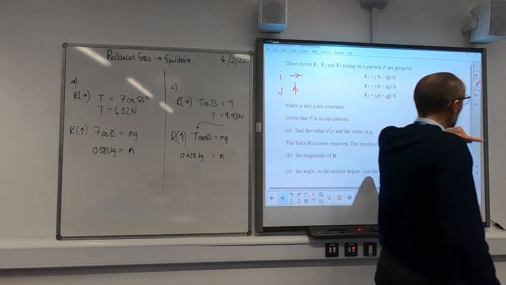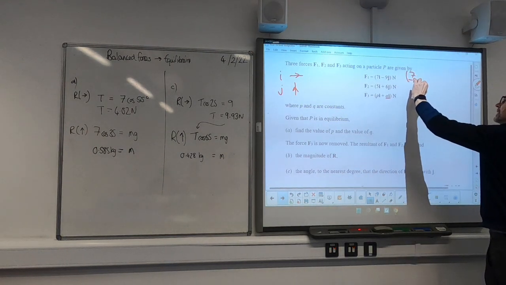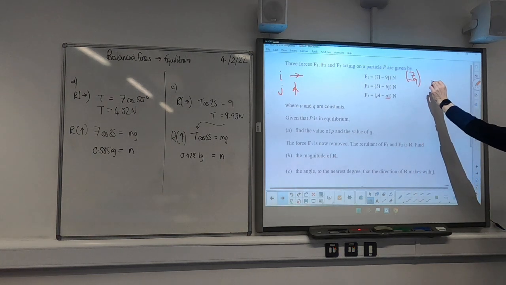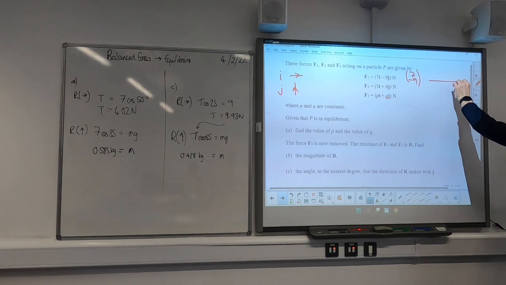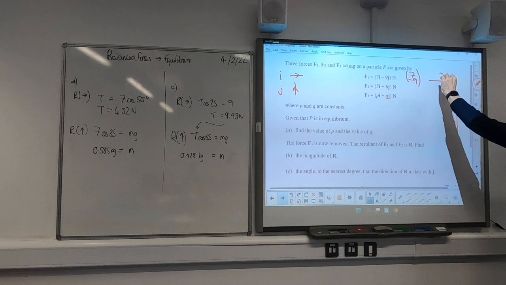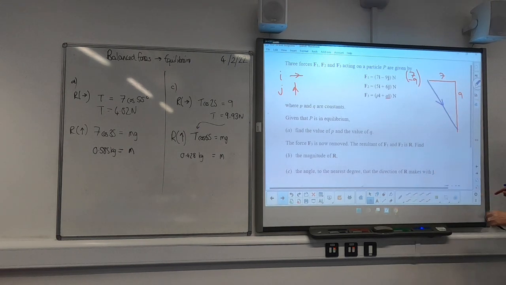So this vector here, which you may remember I far prefer to write like this, is a force with a component of 7 in the horizontal direction and -9 in the y direction. So it's a force like that. And what that means is when you get forces written as vectors, it's so much easier. It looks horrible, but it's so much easier because I already know the horizontal and vertical components. I don't need to do sine or cos.